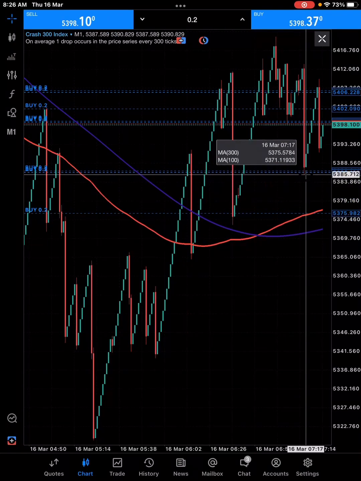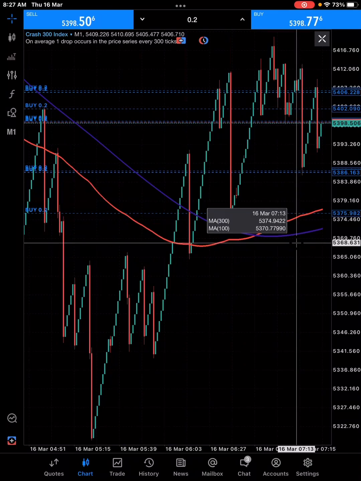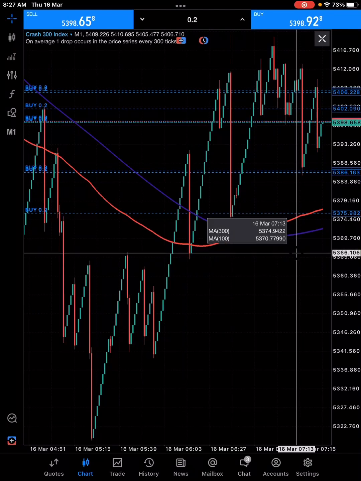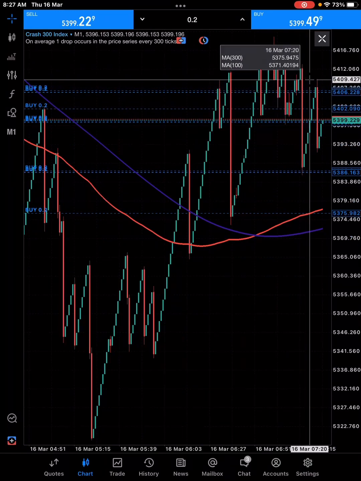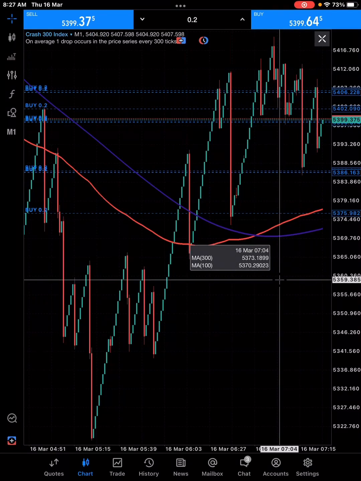Let's say the market spiked to 86, and you are setting your stop loss at 66. So where will you set your take profit? Also 106. 86, 66, and 106.